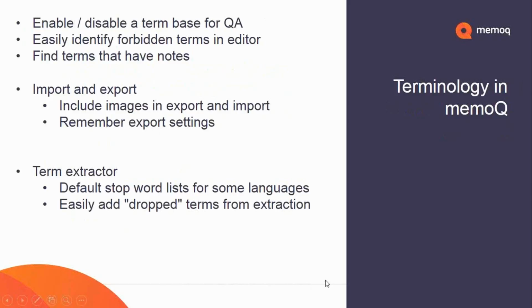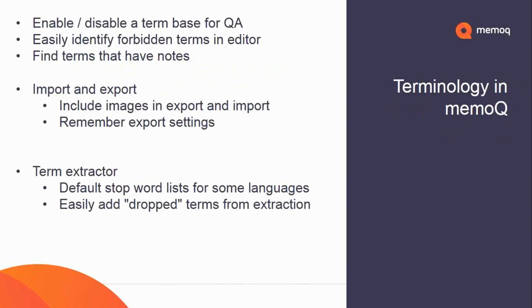I think the most significant for translators and maybe even translation teams in some cases is the ability to enable or disable the use of a term base for quality assurance. I think there is at least a double use case for term bases, at least from the aspect of quality assurance.